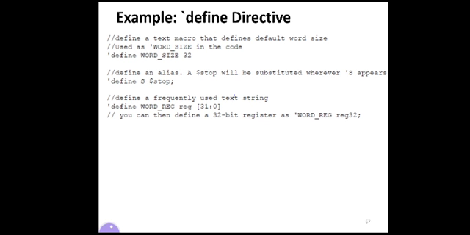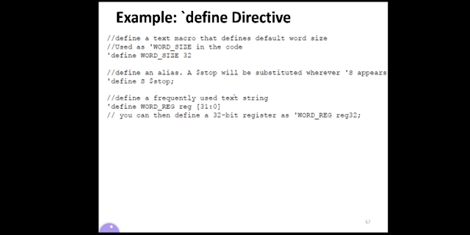Whenever the same pattern of text, word size, appears in your program, it is going to be substituted with the value 32. So that is the function of the compiler directive.